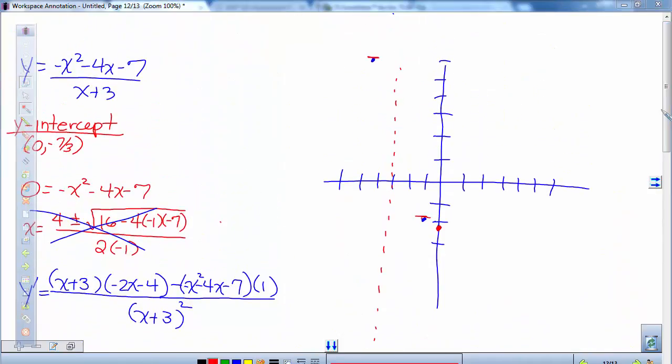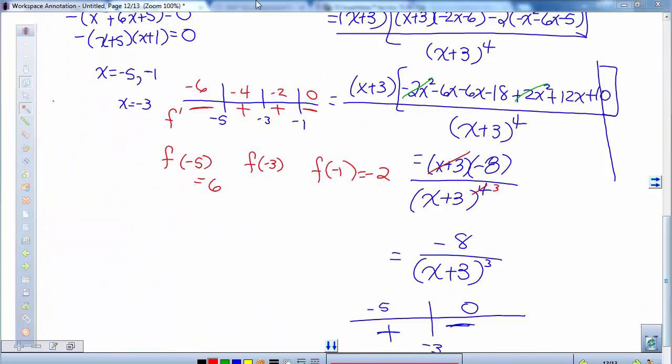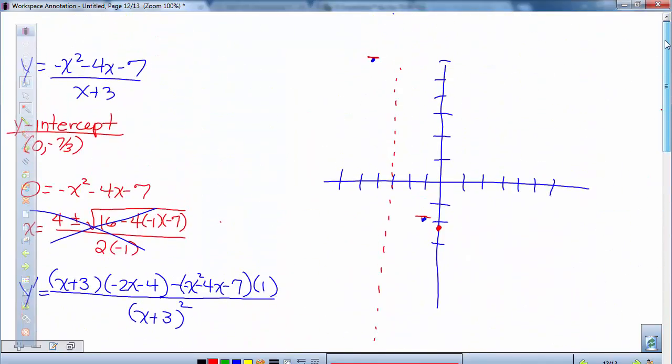Okay. So concave up, but decreasing. Concave up, but decreasing. So if it's concave up and decreasing, maybe that's going to look a little more like this. This is decreasing, right?